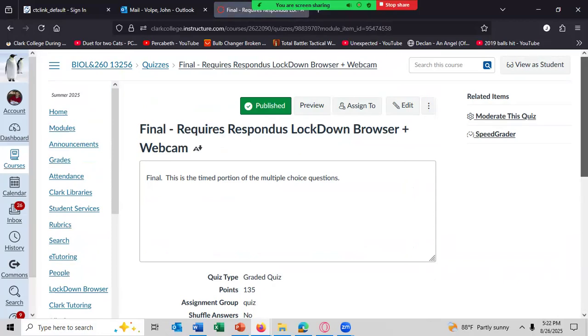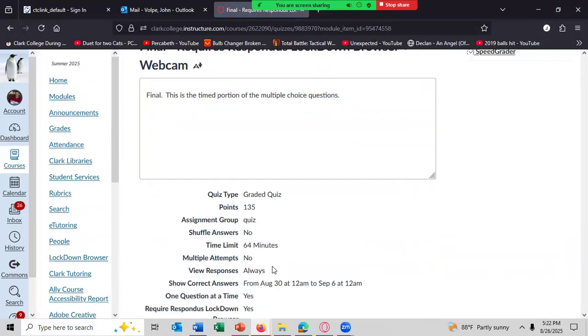So assuming I've done this right, you'll start the quiz, and then the very first question will ask you to give me a scan of your environment. And I've given you 2 extra minutes to do that scan. Nobody ever takes 2 minutes to do a scan. Some people are really, really good on giving me a scan, and they take almost a full minute, not quite a full minute, but most people only take 10 or 20 seconds to give me a scan. And you should do a good job on giving me a scan.